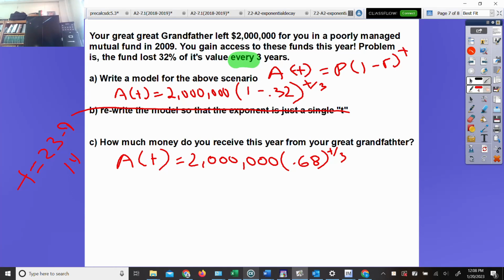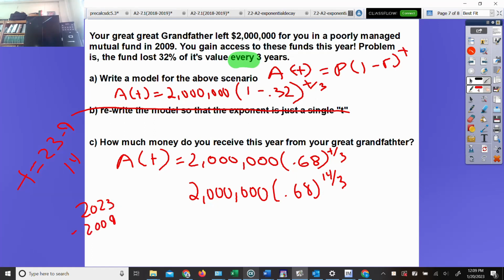And everywhere you see a T, 14. Most people actually say 2023 minus 2009, but you actually don't have to because those don't matter.